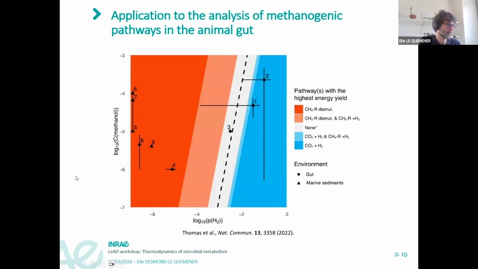So in the end, the metabolism and the ecosystem you find is driven by the energy available for the microbes. When you have hydrogen, you have hydrogenotrophic methanogenesis, and when you don't have enough hydrogen, you have mainly methyl dismutation. So that's it for the first part.